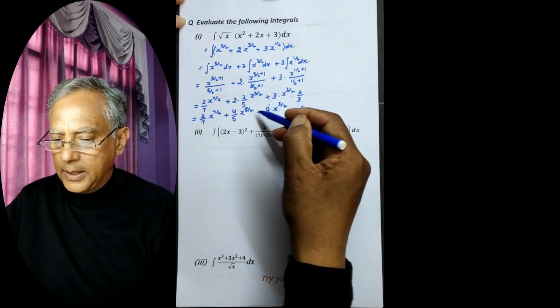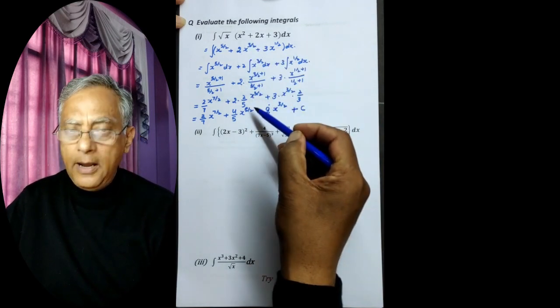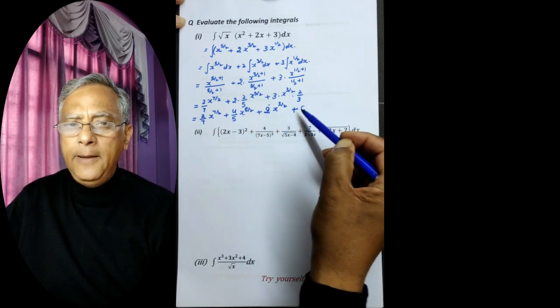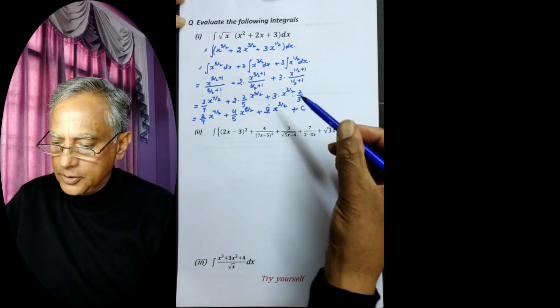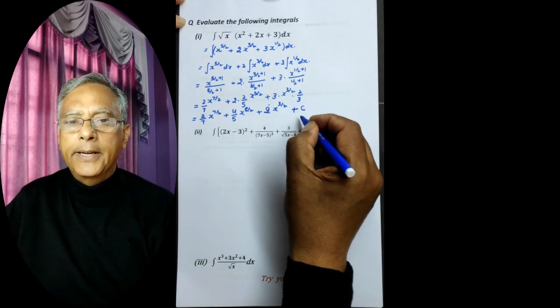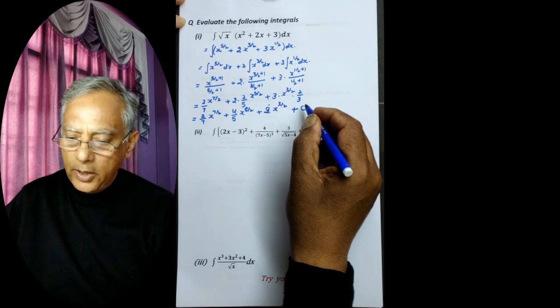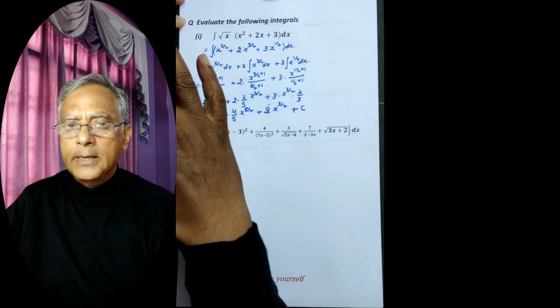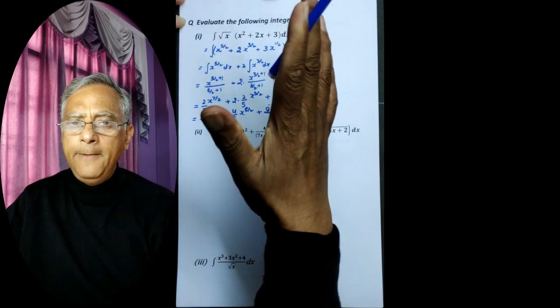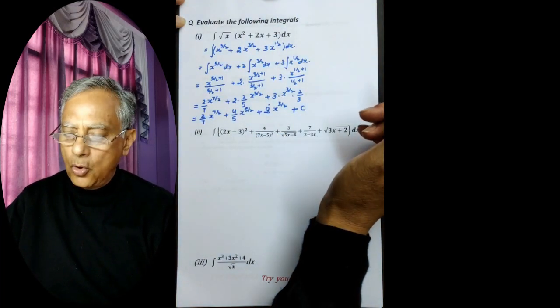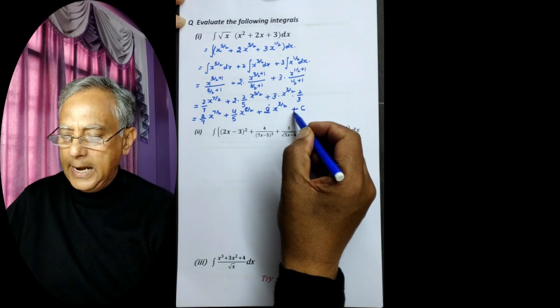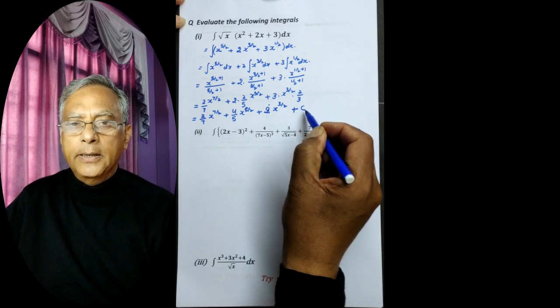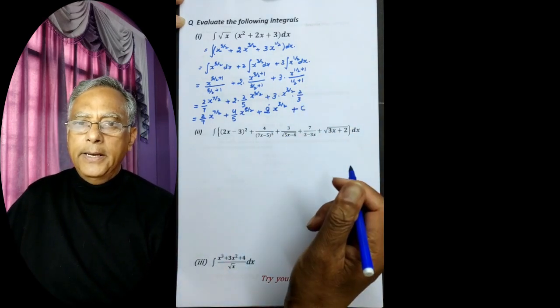Two values of the indefinite integral may differ by a constant. This is known as constant of integration. So if you solve any question by two different methods, the answer can differ by a constant. So in every answer we must add c, that is constant of integration.